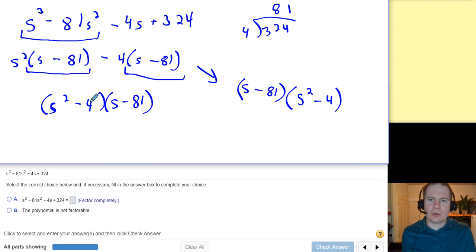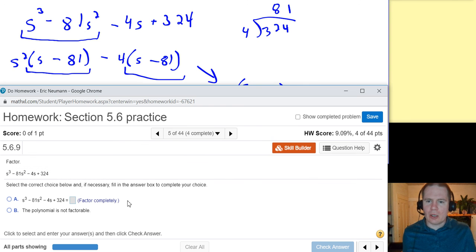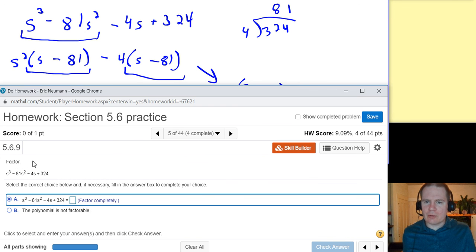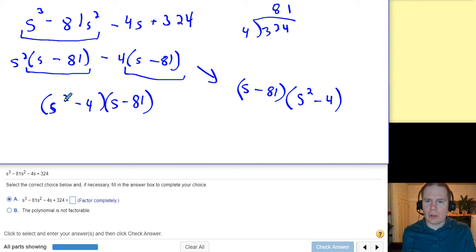All right, s squared minus 4, s minus 81. Now 81 is a perfect square, plain s is not. But 4 is a perfect square, s squared is also a perfect square. So I have to recognize, I have to factor completely. This one just says factor, but down here it's giving us the reminder, factor completely. So difference of squares, that's s minus 2, s plus 2.